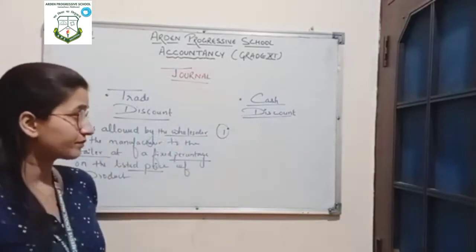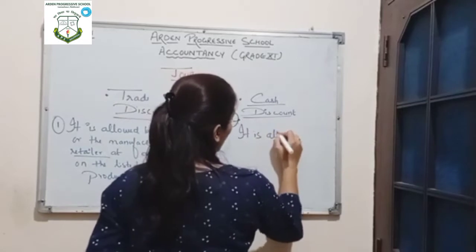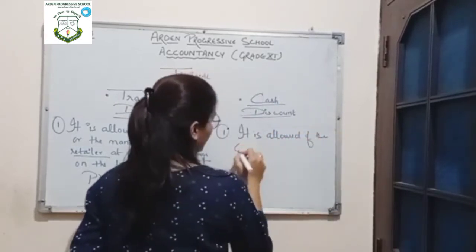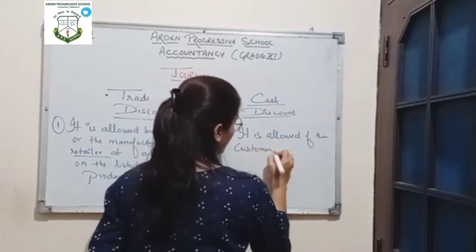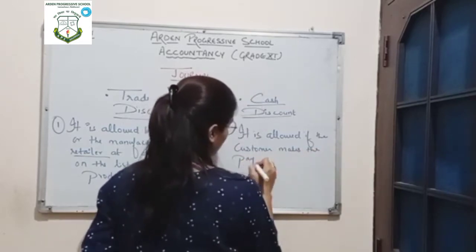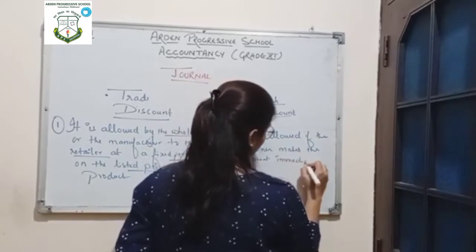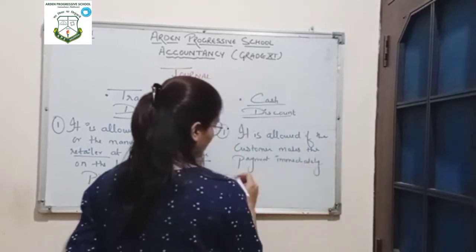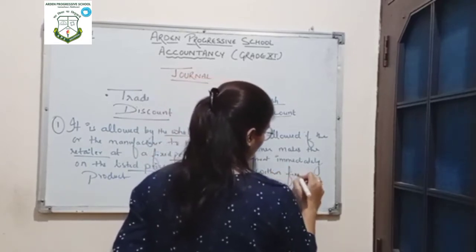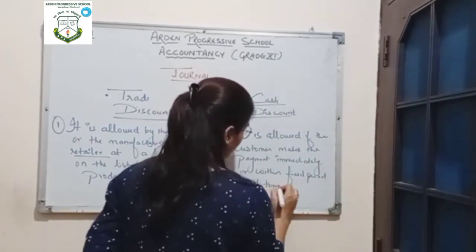So here we can say cash discount is allowed if the customer makes the payment immediately or within fixed period of time.